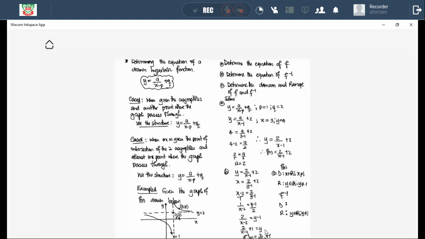If the range of f of x is y element of all real numbers but y not equal to 2, it means the domain of f inverse becomes x element of all real numbers, but x should not be equal to 2. Okay, that's how you deduce the domain and range of f and its inverse. Okay, thank you. Let's go to the next example there.